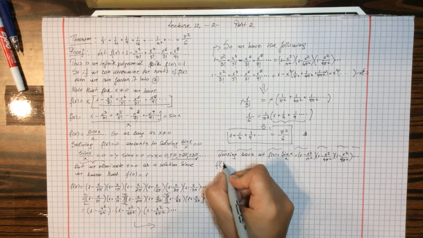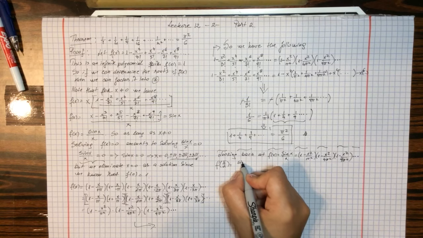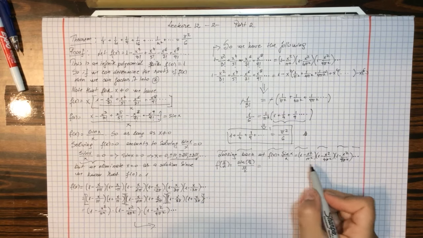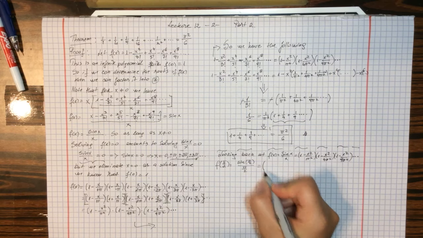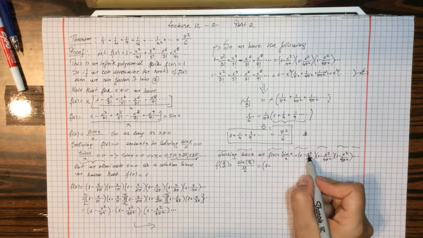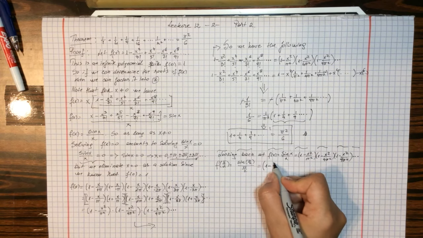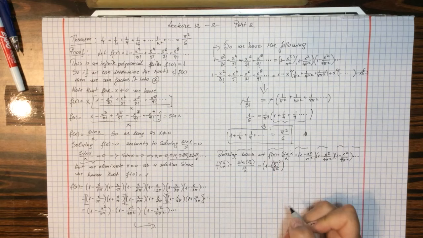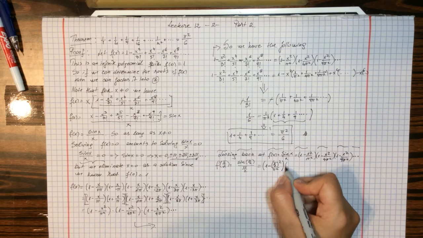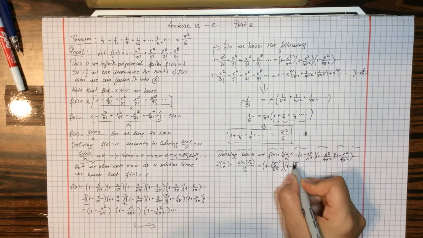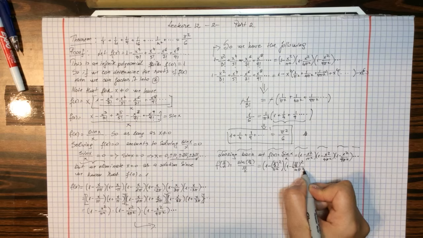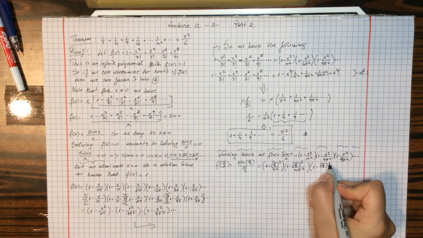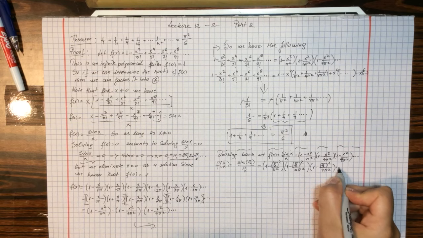So f of pi over 2 would be the same as sine of pi over 2 over pi over 2. And if you substitute x with pi over 2 here, let's see what we have. We shall have 1 minus pi over 2 squared over pi squared, times 1 minus pi over 2 squared over 4 pi squared, times 1 minus pi over 2 squared over 9 pi squared, and so on.